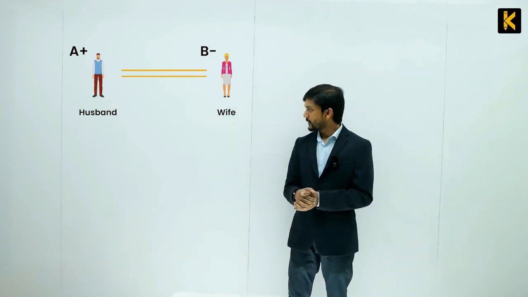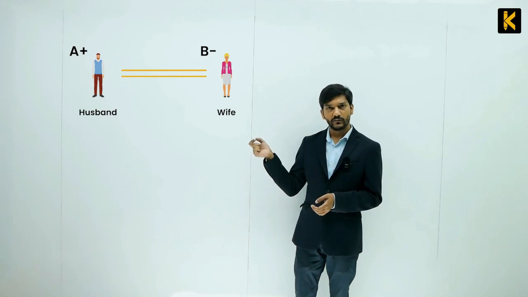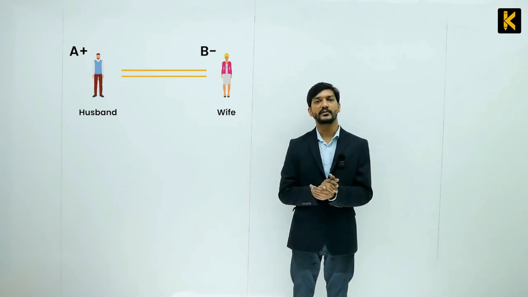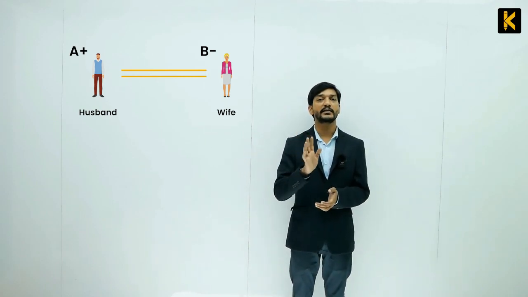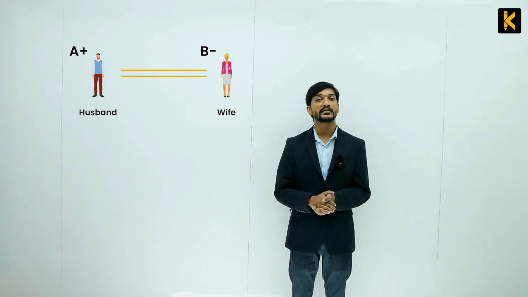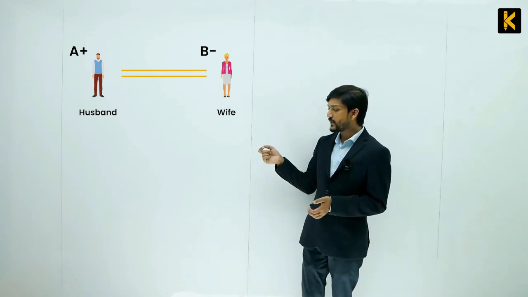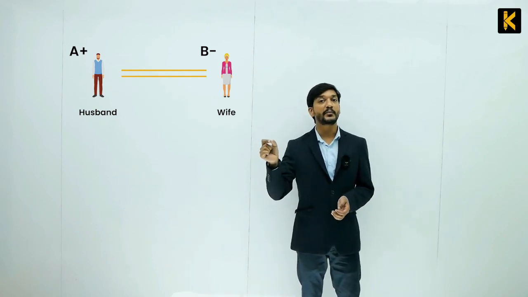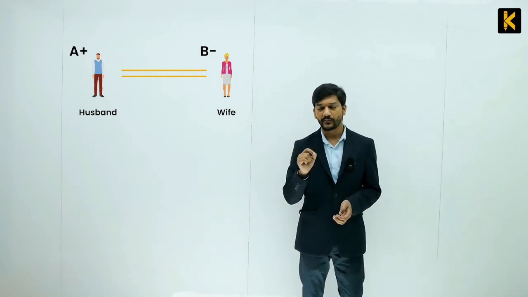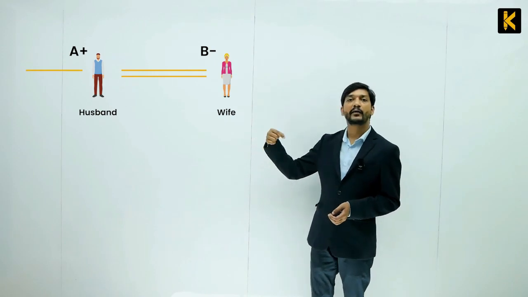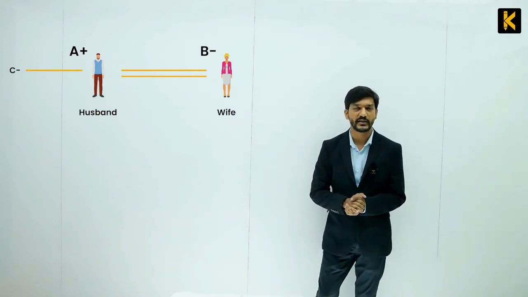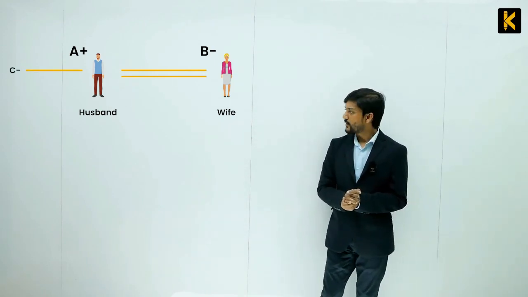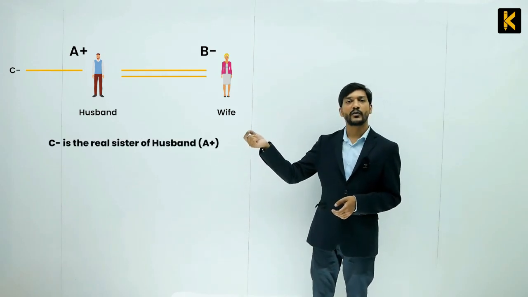This husband A will have a real brother and real sister. Suppose I take a real sister; a real sister will be shown by a single line in the same generation. So I will show it using the letter C, suppose. So C is the sister of the husband.